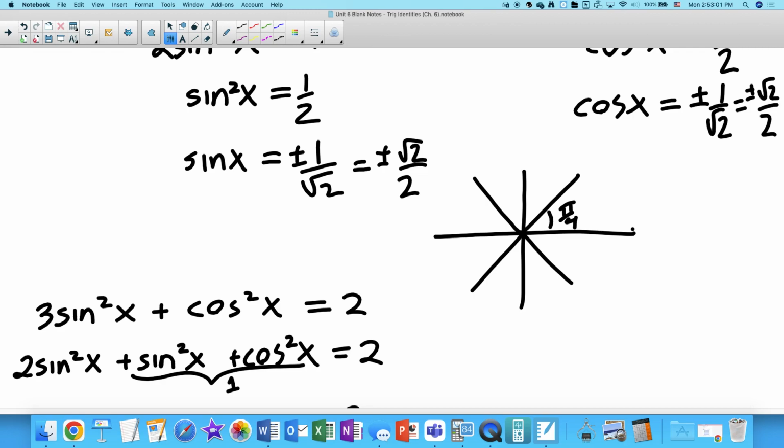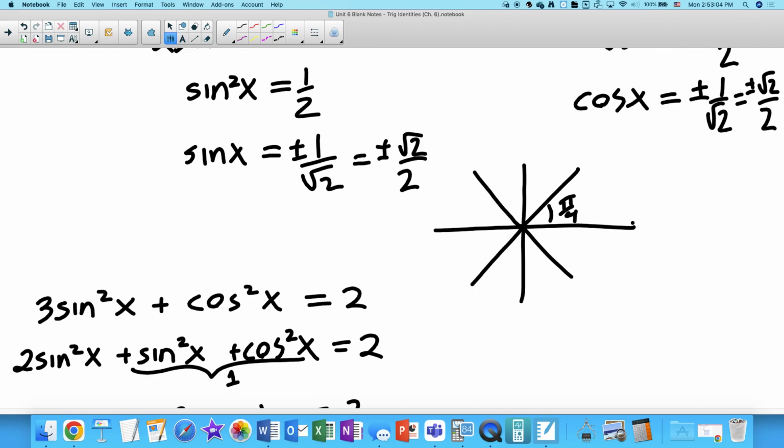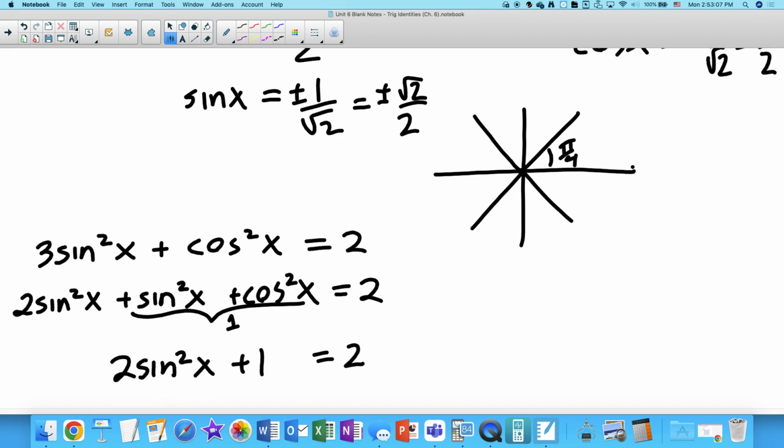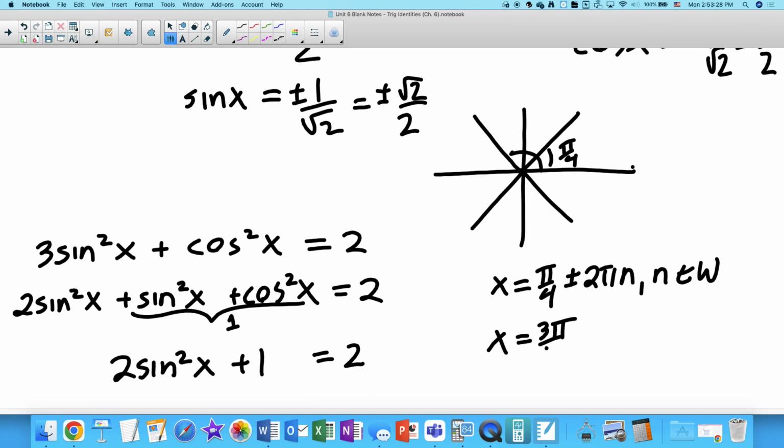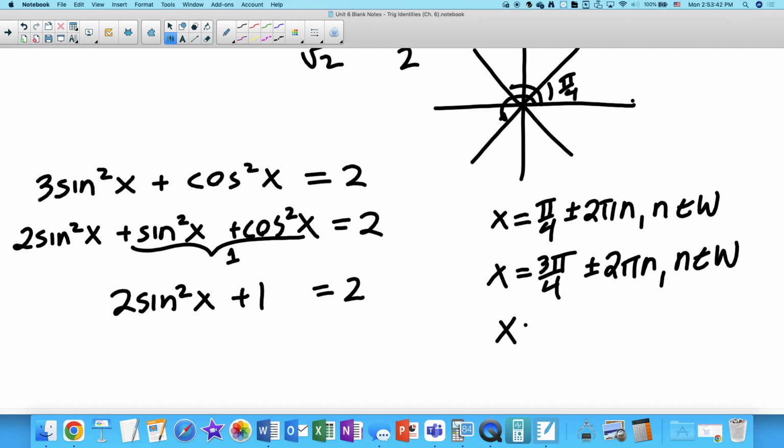One way of doing it is to say, okay, I'm going to take each of these individual angles and write that as a general solution. So then I would have to go x equals pi over 4 plus or minus 2 pi n, right? All the rest of the stuff. The next one would be 3 pi over 4 plus or minus 2 pi n. N is an element of the whole numbers. The next one is pi plus a quarter pi, which is 5 pi by 4, plus or minus 2 pi n.